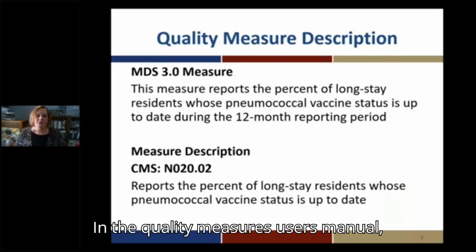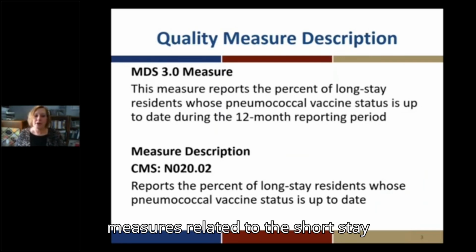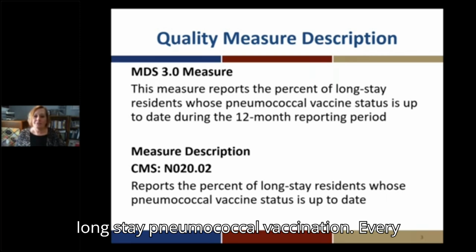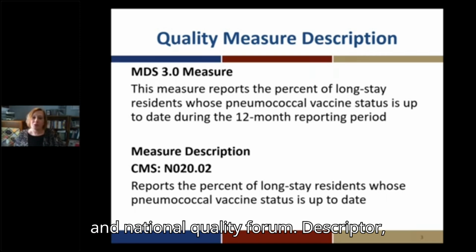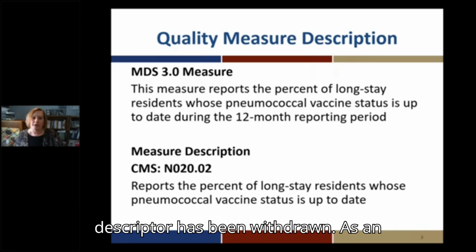In the Quality Measures Users Manual, there are 4 individual quality measures related to the short stay pneumococcal vaccination and 4 individual quality measures related to long stay pneumococcal vaccination. Every quality measure, or QM, has a CMS and National Quality Forum descriptor, although in this instance, the NQF descriptor has been withdrawn.